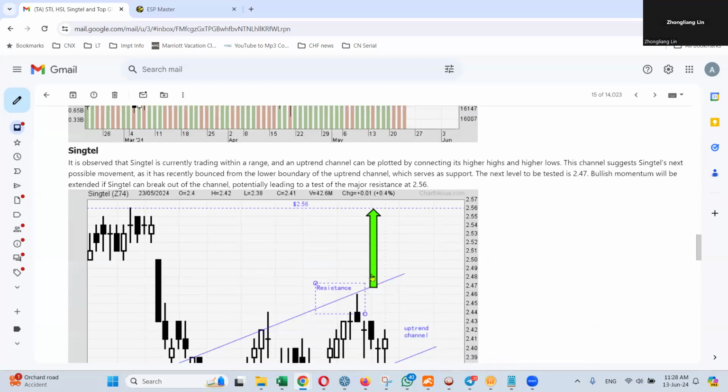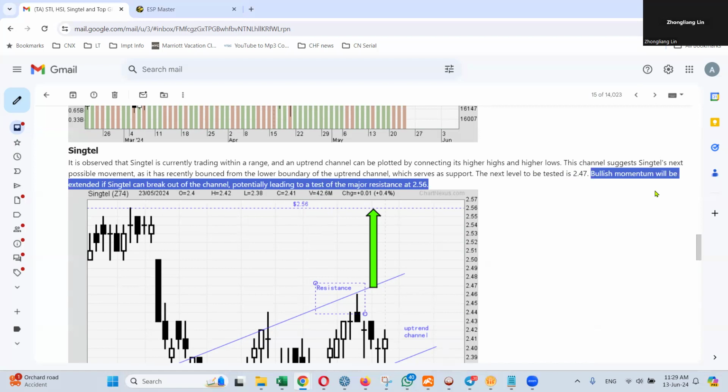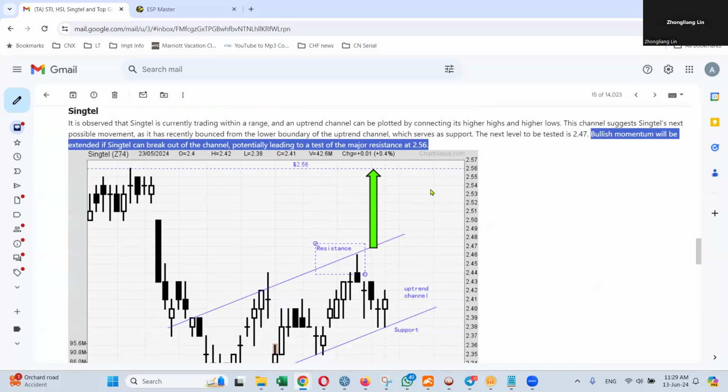Then next we have Singtel, where we see possible upward movement. If it breaks above the uptrend channel, it should be hitting this target at 2.56, which I mentioned here. So bullish momentum will be extended if Singtel can break above the channel, potentially leading to a test of its major resistance at 2.56.